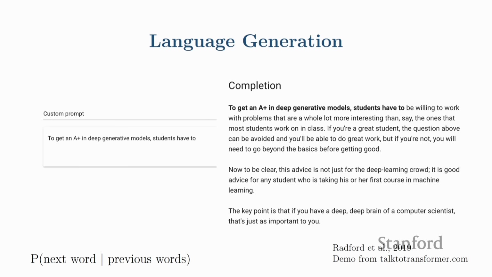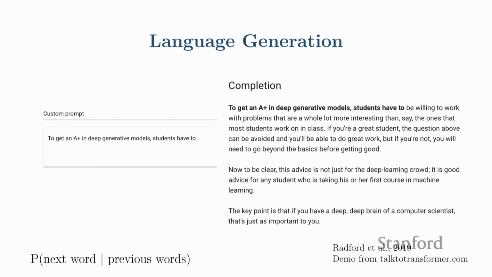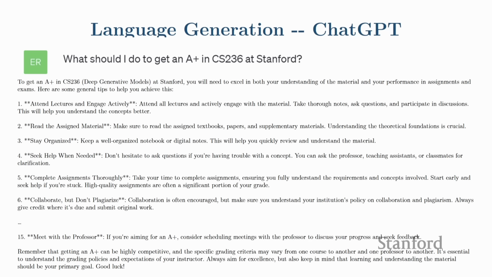Now, I tried something similar on ChatGPT, and this time I tried something harder. Here I tried, "What should I do to get an A+ in CS236 at Stanford?" I didn't even tell the model, ChatGPT, what CS236 is. It actually knows that CS236 is deep generative models.